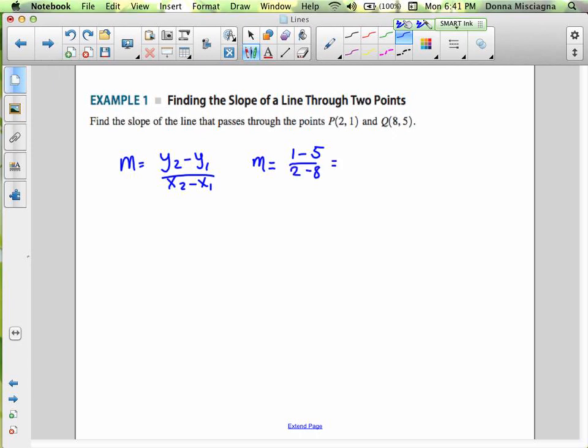We could reduce that. 1 minus 5 is a negative 4. 2 minus 8 is a negative 6. And that would reduce to 2/3. And that's all there is to using the slope formula to find the slope of a line.